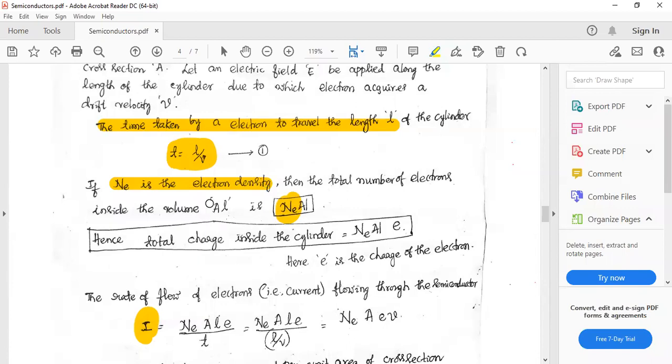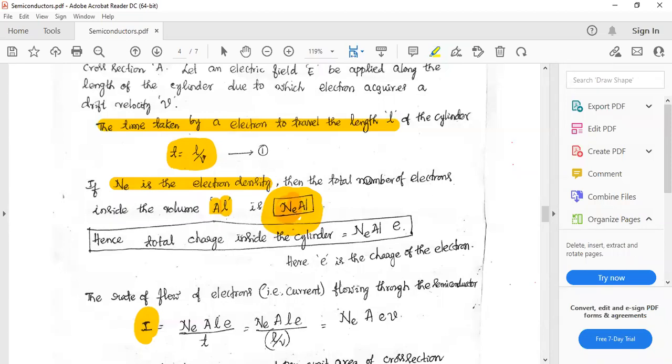A is the cross-sectional area of the semiconducting material and L is the length. This product A into L will give the volume of the semiconducting material. Therefore, NeAL, this quantity here, will give the number of electrons inside the semiconducting material. Density into volume will give the number of electrons, right? You have to remember this NeAL, the number of electrons inside the semiconducting material.